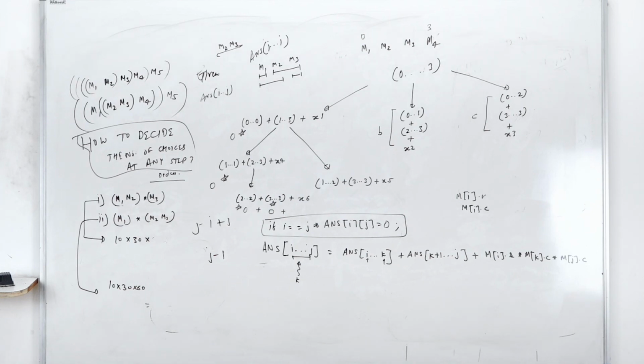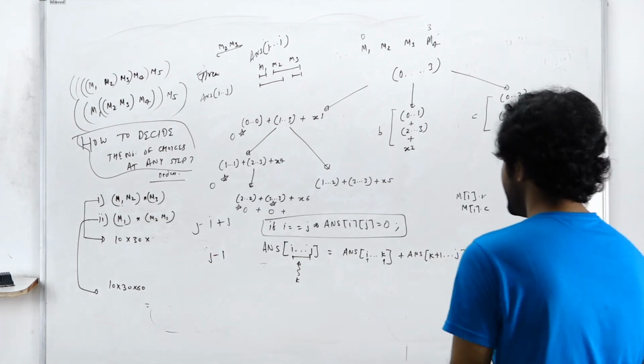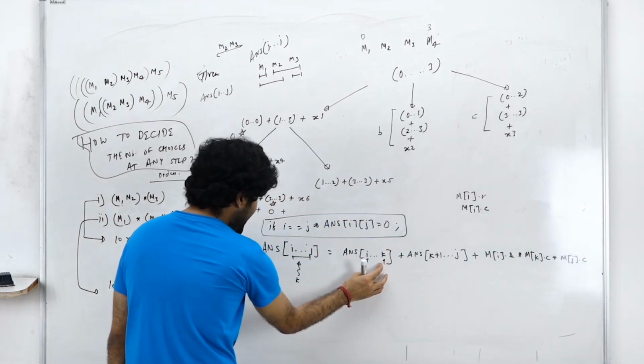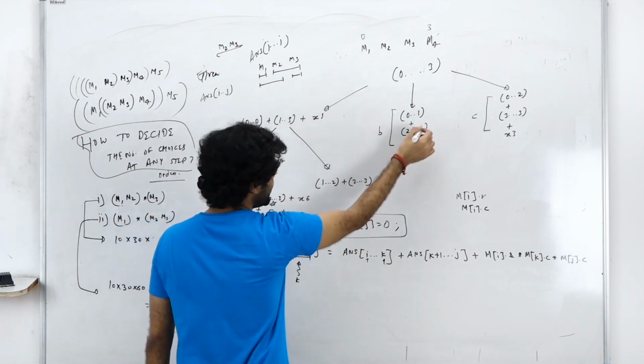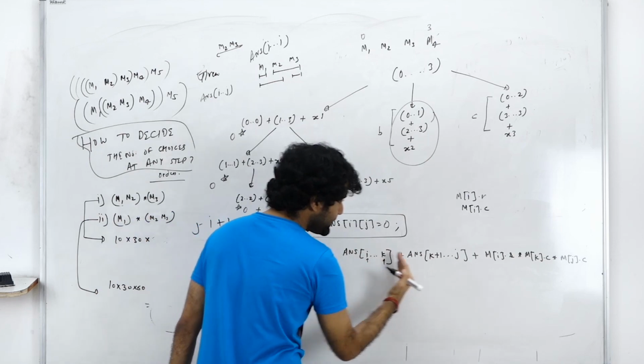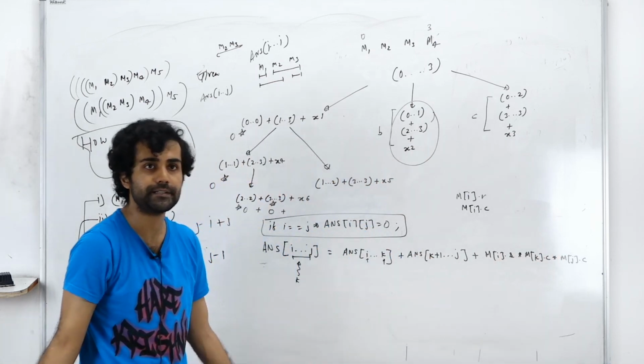Others, did you get this, guys? Yes or no, or do you want me to repeat anything? This is nothing. I told you before only. There is nothing to get scared of this expression, guys. I am telling it again. You can have this k anywhere in between i to j, right? And when you pick a particular value of k, this is what I was writing, and here mathematically I am writing this. So what is the problem in understanding?